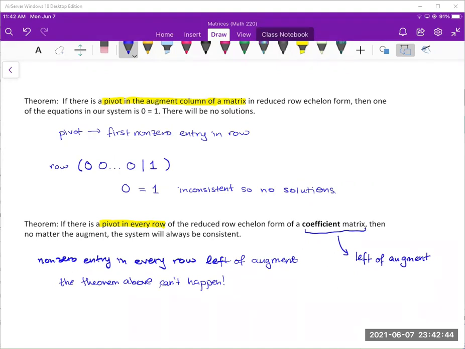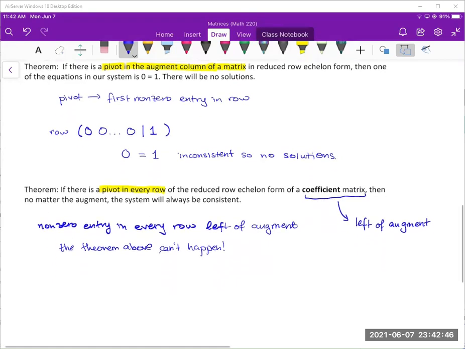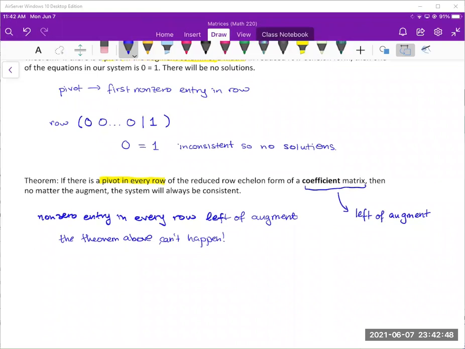And we'll see that we can write down a solution. So our solutions have the form where pivot variables are functions of our free variables.